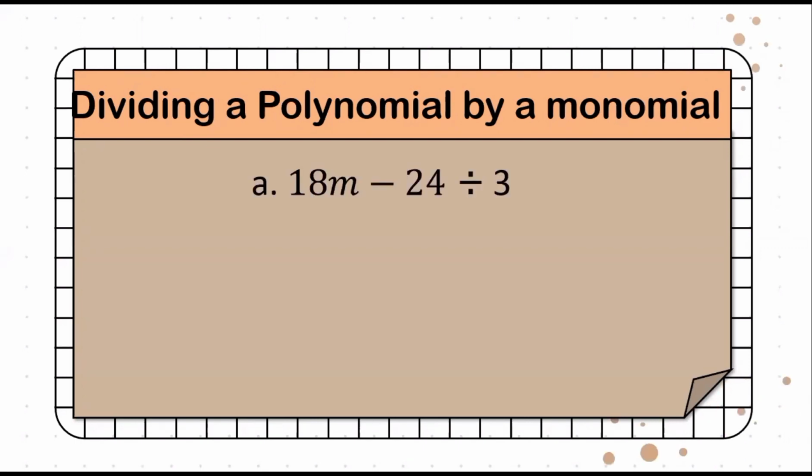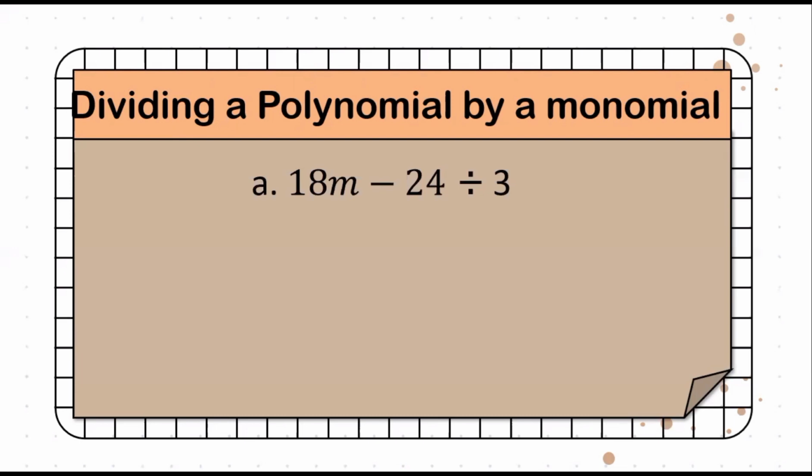The polynomial here is the dividend, while the divisor is the monomial. Okay, kapag sinabi nating polynomial, the expression is made up of 2 or more terms. And then, kapag sinabi nating monomial, 1 term lang po siya.